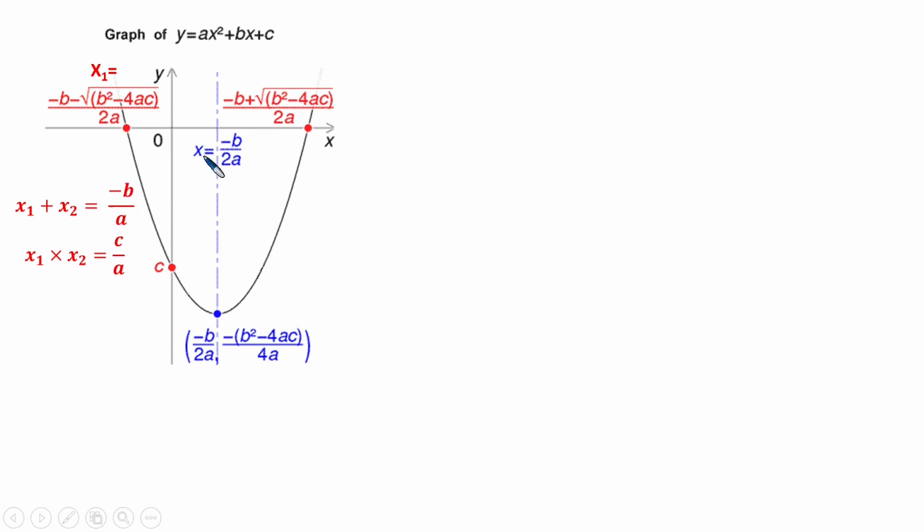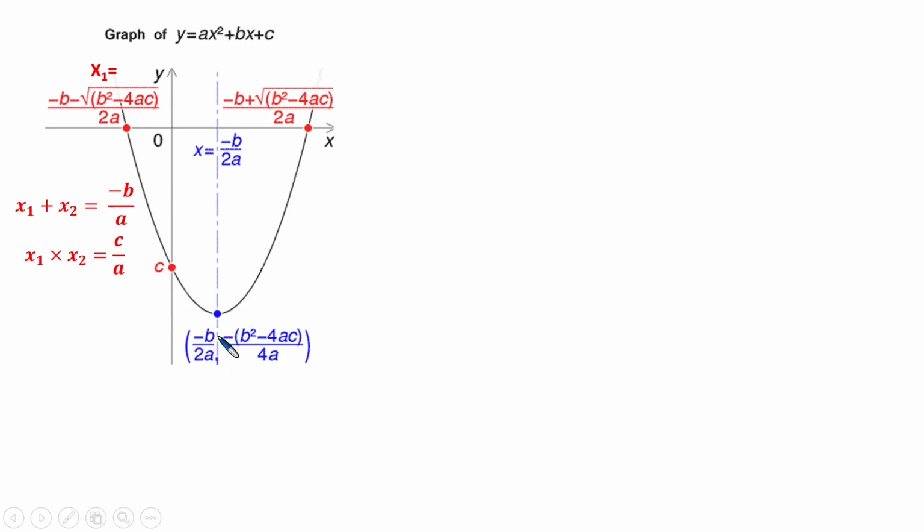So half of that, this symmetrical line, it will intercept x at minus b by 2a. Half of this one, x1 plus x2 divided by 2. Think about it. And x1 into x2, as I had explained earlier, will be c by a. Here, since this is the turning point, this minima, the x-coordinate is minus b by 2a.